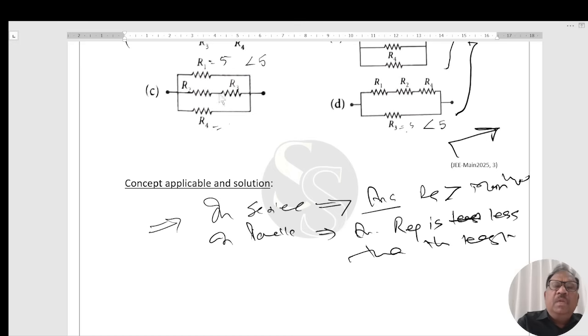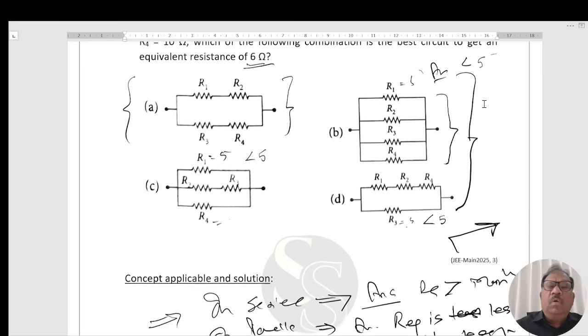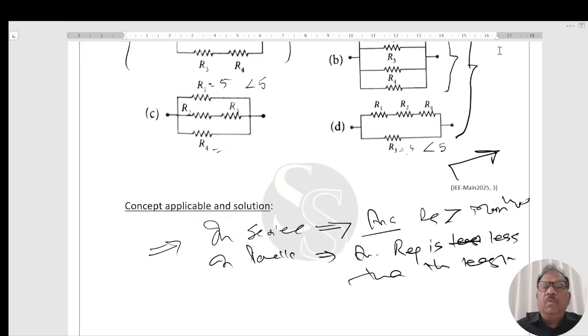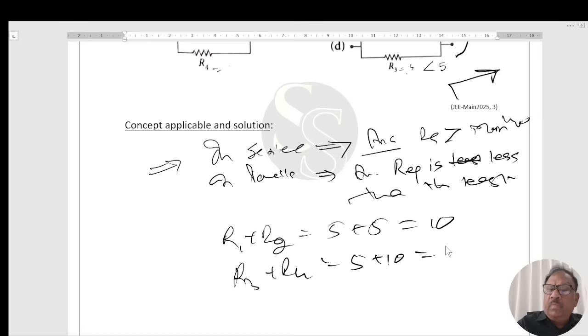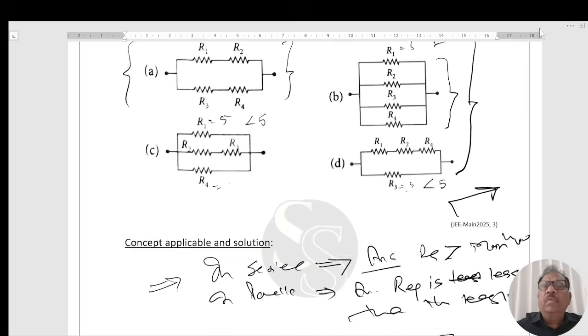In this case, least value is 5 ohm, 10 ohm, 10 ohm. The answer will be less than 5 ohm. Now, this first is the possible one. R1 plus R2, 5 plus 5, 10 ohm. R3 plus R4, 5 plus 10, 15 ohm.